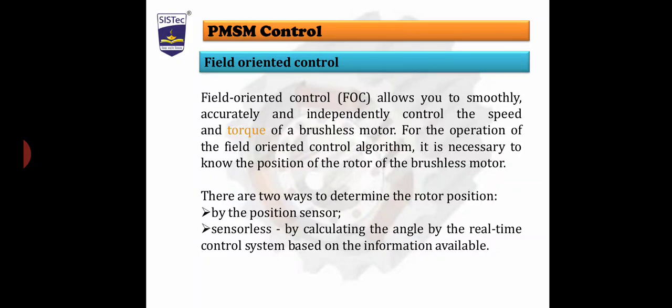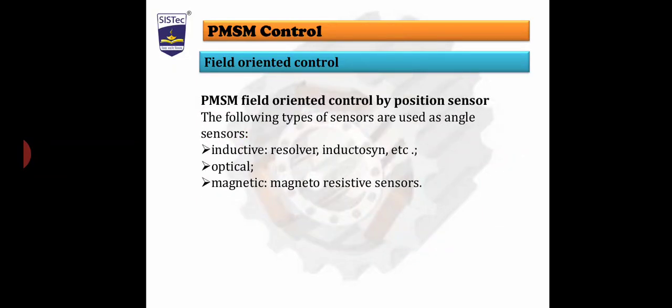There are two ways to determine the rotor position: by position sensing, and second, sensorless techniques. Sensorless means calculating the angle by the real-time control system based on the information available.